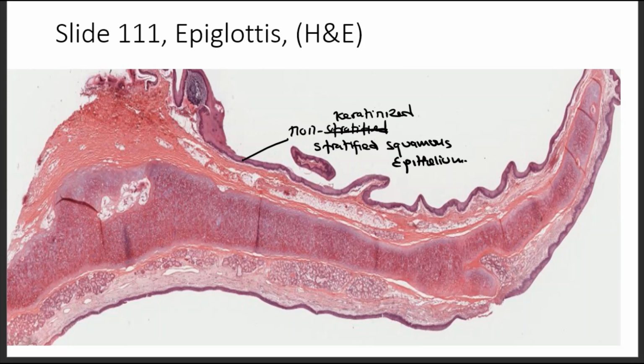And underneath it, you've got this cartilage. This structure here is cartilage, and this cartilage is elastic cartilage. So whenever you see elastic cartilage, and on top of it the epithelium is non-keratinized stratified squamous, this is the epiglottis. So this is how the epiglottis looks.